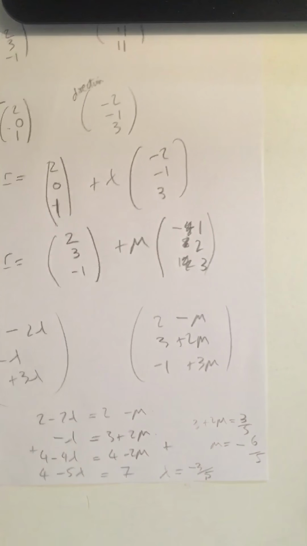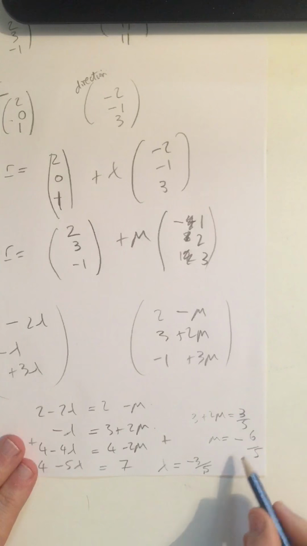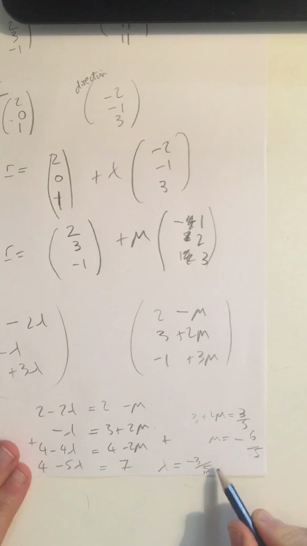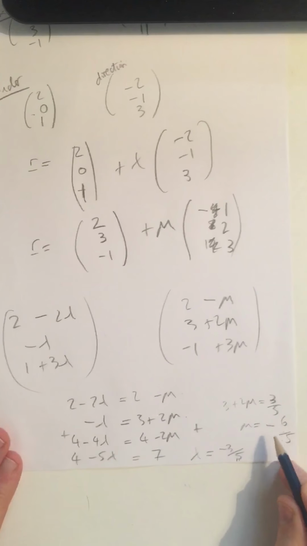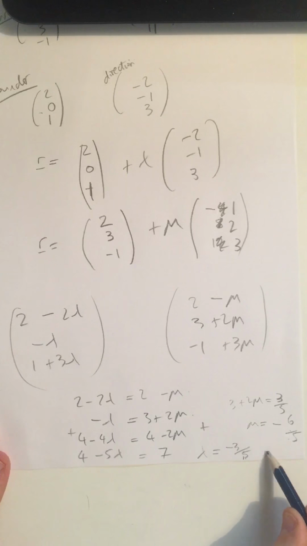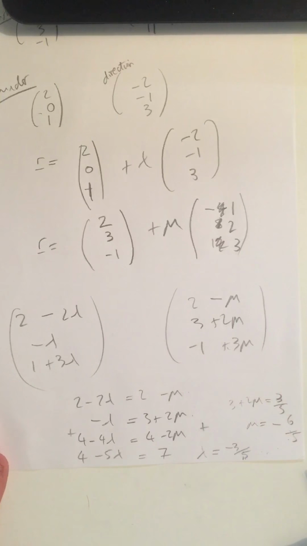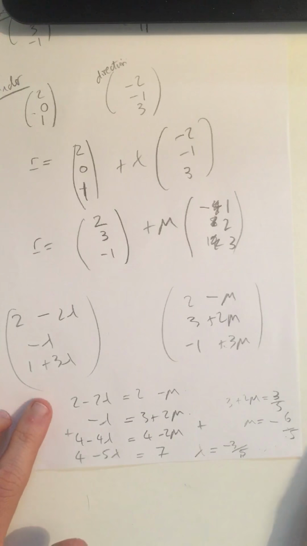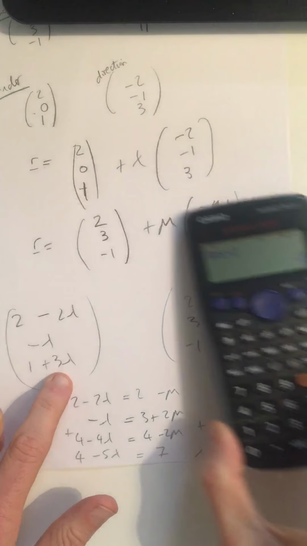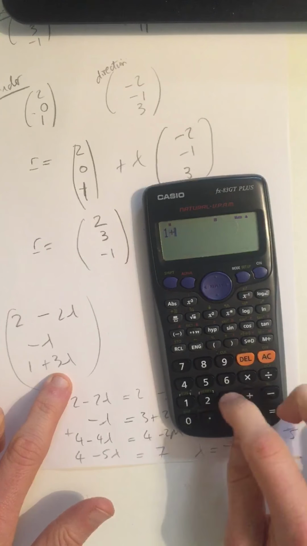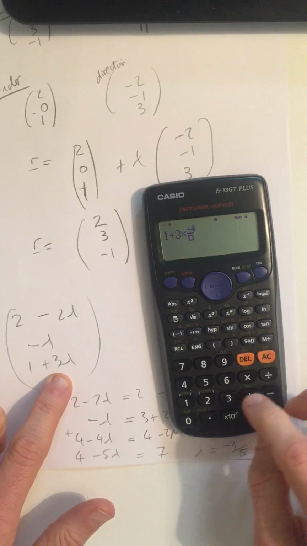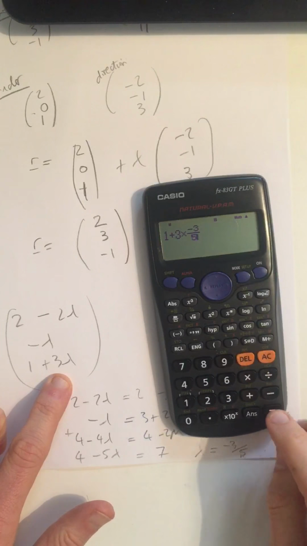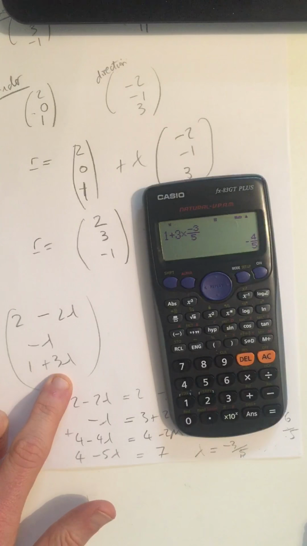So if the x and the y coordinates were going to be the same, then lambda and mu would have to have these values here. Let's just check to see if they work with the z coordinates. So if I substitute minus 3/5 in here, so 1 plus 3 times minus 3/5, I would get minus 4/5.